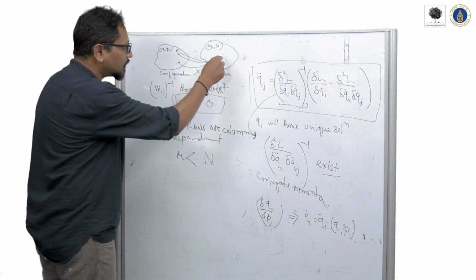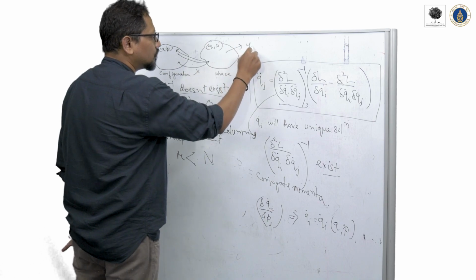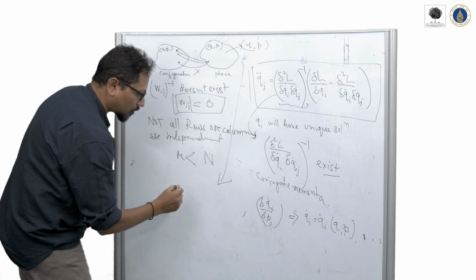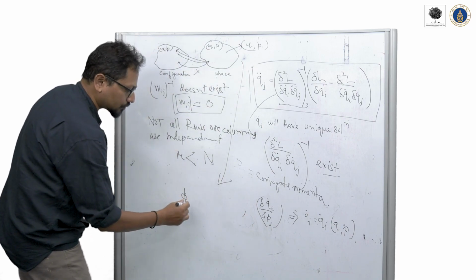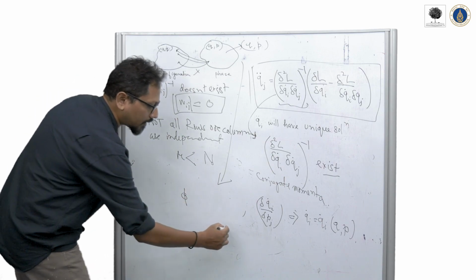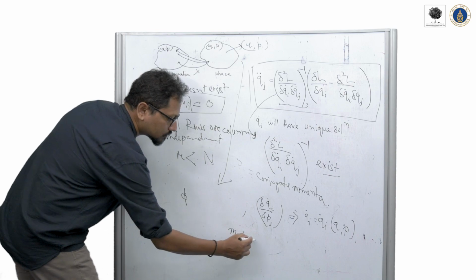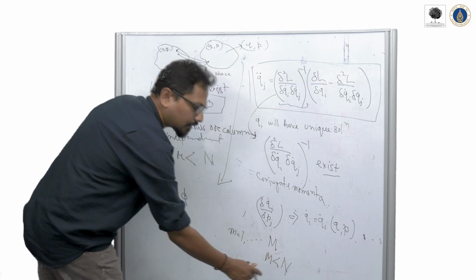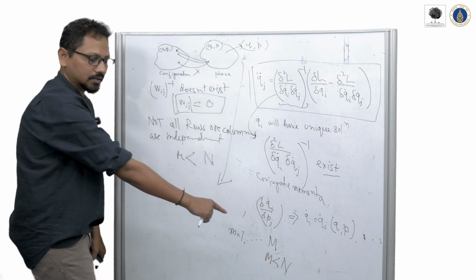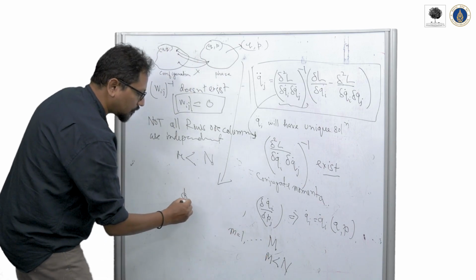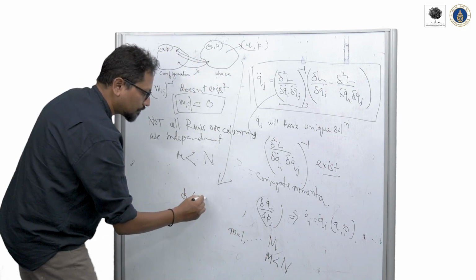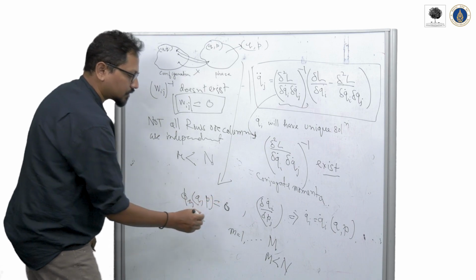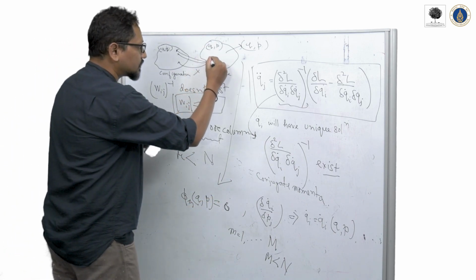Essentially it means that not all Q's or P's are independent, so there are relations among Q and P. If there are M relations, where M is less than N, the total number of degrees of freedom appearing in the Lagrangian formulation, then we have some constraints phi of Q, P equal to 0, which are basically hypersurfaces in this phase space.